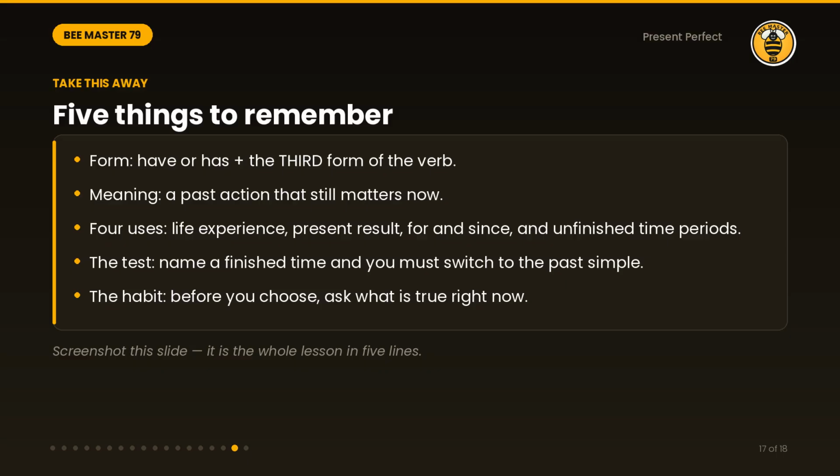The test: the moment you name a finished time, you must switch to the past simple. And 5. The habit worth building. Before you choose a tense, ask yourself what is true right now. Screenshot this slide if it helps. It is the whole lesson in 5 lines.